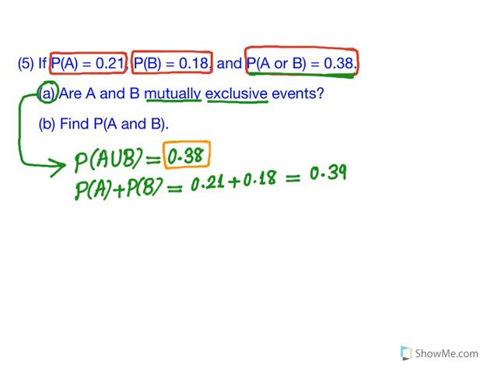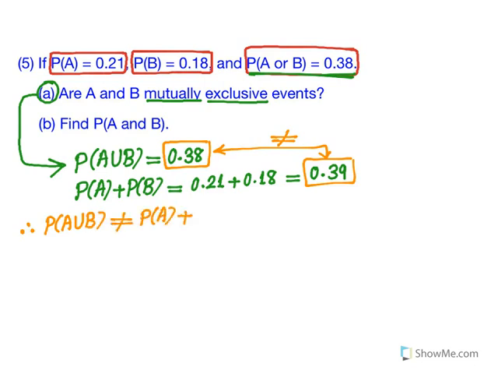Unfortunately, these two numbers that we got are not equal. So you can say, therefore, probability of A or B is not the same as the probability of A plus the probability of B. And from this, immediately you can conclude that A and B are not mutually exclusive.